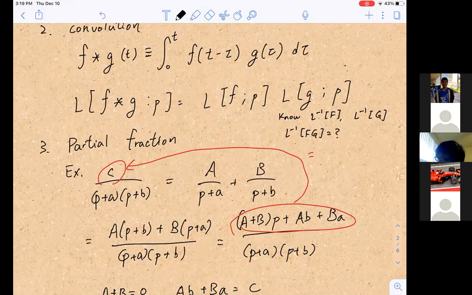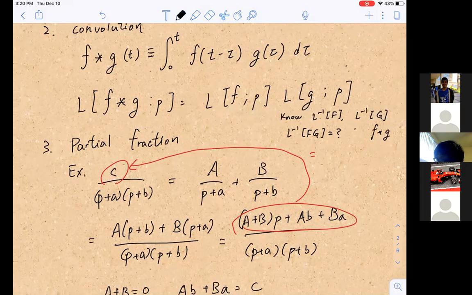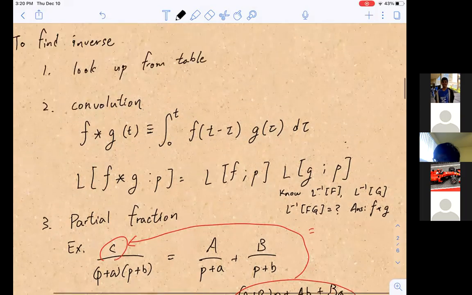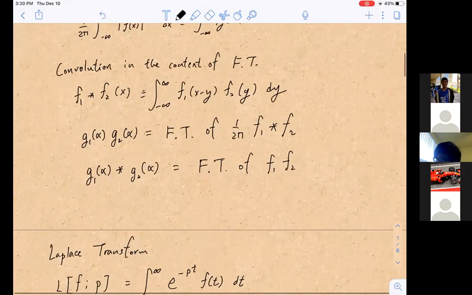Well, it's the convolution f star g. So this is where convolution is useful in the Laplace context. Now in the Fourier transform, it's similar.